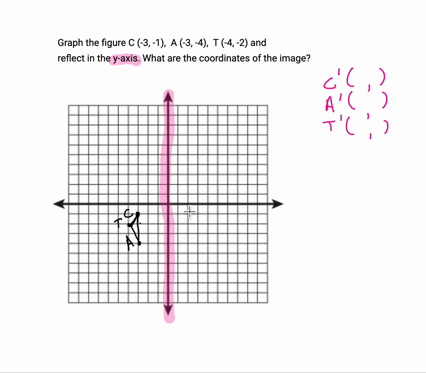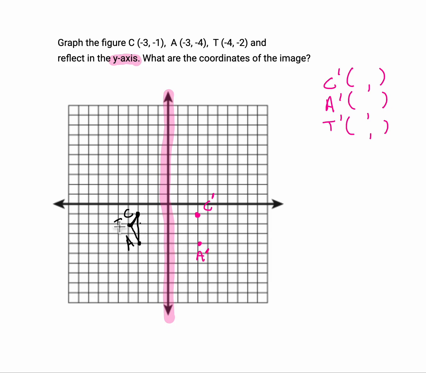So it'll be 1, 2, 3 units over here, and I will label it C prime. Now, A is 3 units also. So 1, 2, 3. That's my A prime.